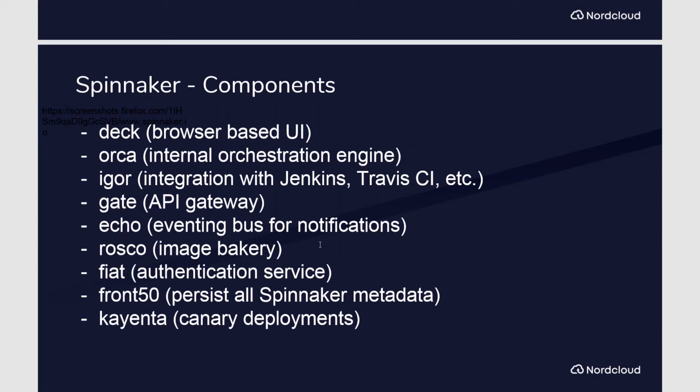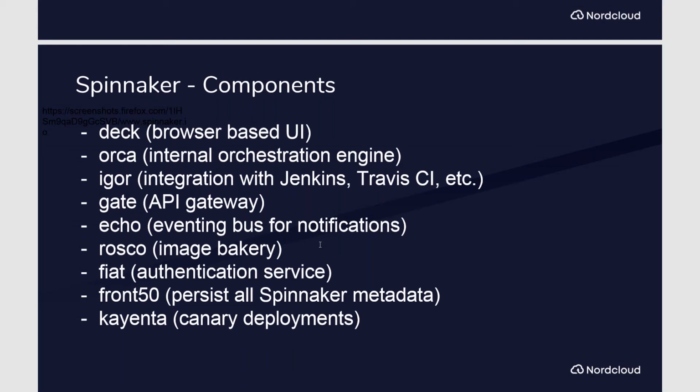Then we have Fiat, which is the authentication service. So by default, Spinnaker doesn't have authentication enabled, but you can enable that when you have an external identity provider. So SAML is one really common way to add authentication in front of Spinnaker.